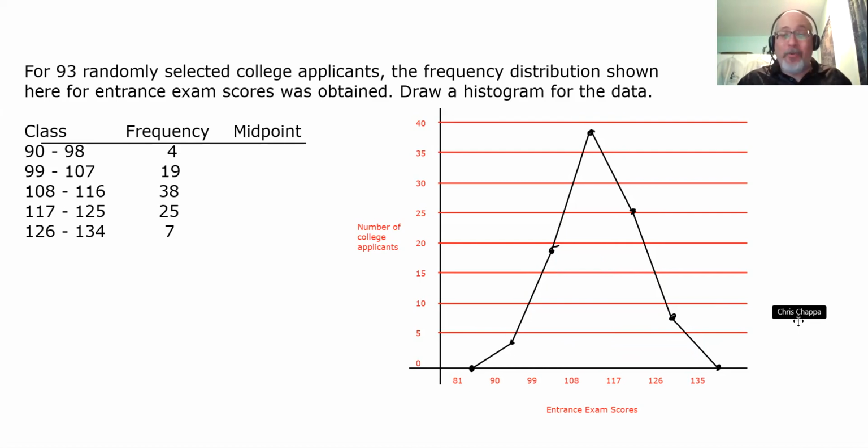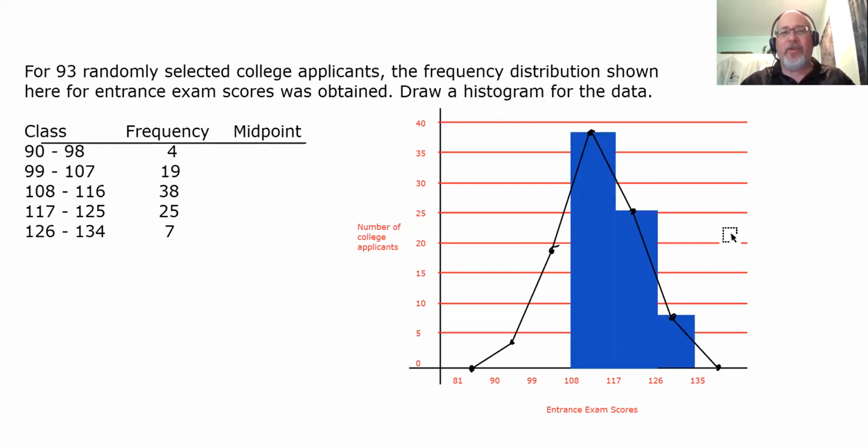About the only other thing that we need to discuss is how to locate the points that we actually connect to form this polygon. To find the midpoints of each class, I'm going to put the bars back in there. I can always take them out later. But to find the midpoint of each class, all we have to do is average that class's upper and lower limits.